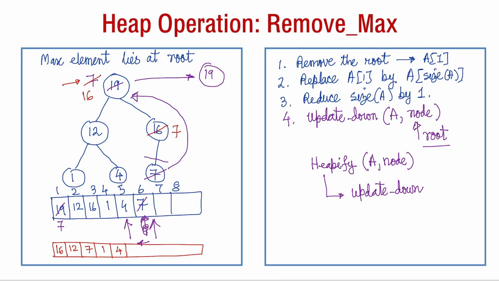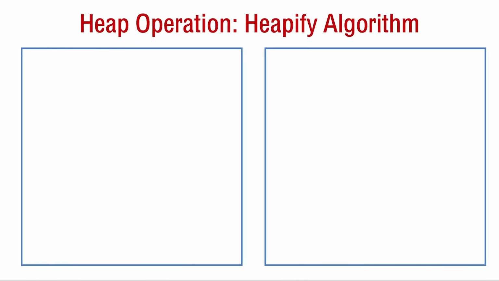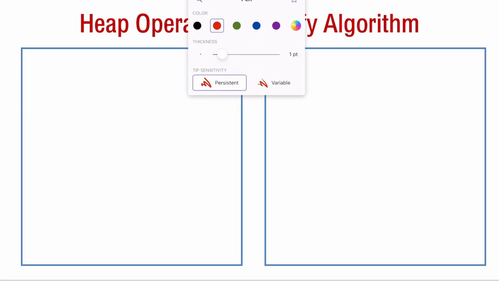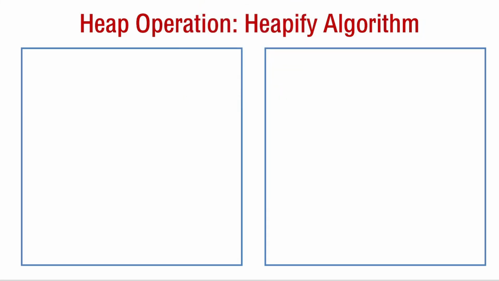So now, like we did the update up, now we will do the update down, which is called the Heapify function. The update down function is very similar to the update up function, and this Heapify function is a straightforward, again recursive function like we have seen before. So now we look at this Heapify function. How does the Heapify function look?